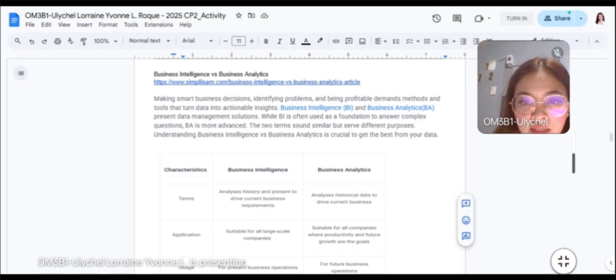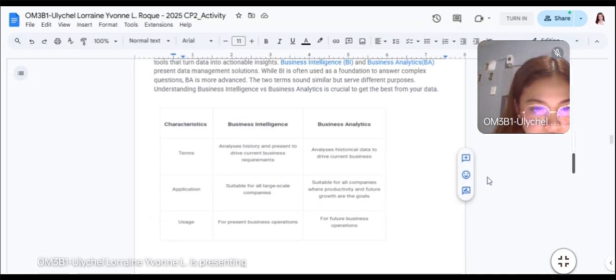Business intelligence and business analytics present data management solutions, while BI is often used as a foundation to answer complex questions, BA is more advanced. The two terms sound similar but serve different purposes. Understanding business intelligence versus business analytics is crucial to get the best from your data.